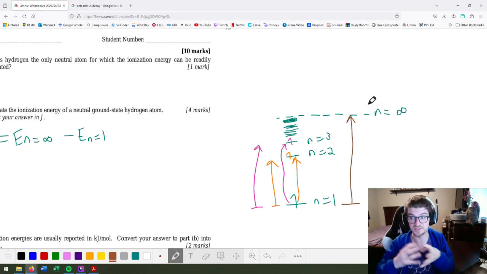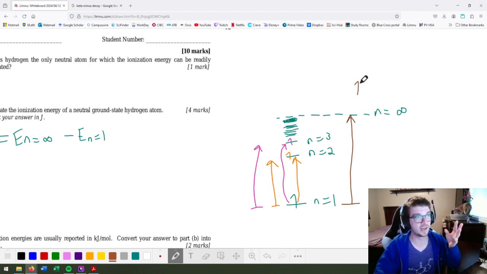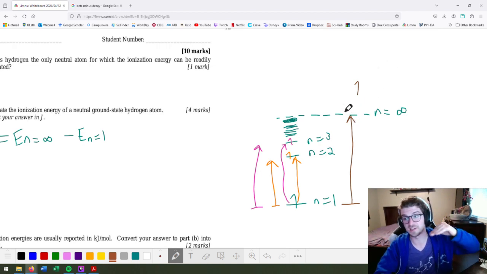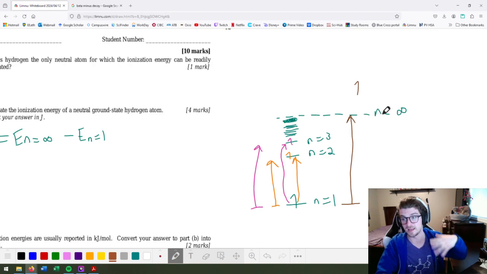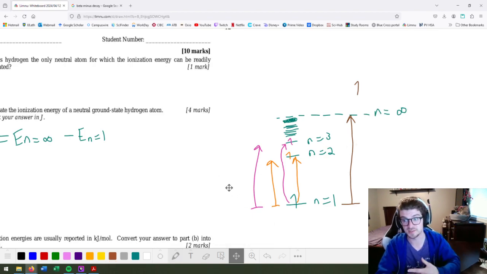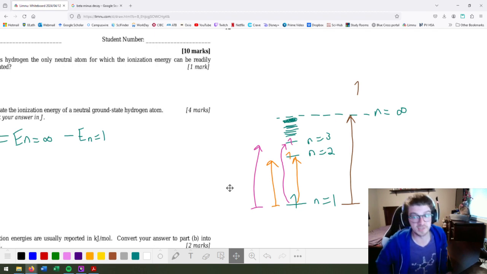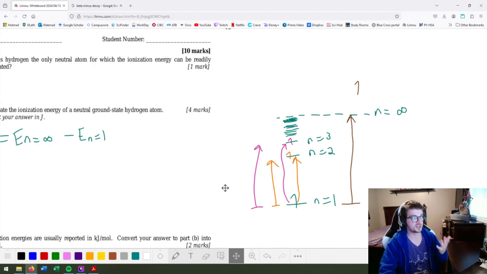It does not stay with its nucleus. Instead, it just flies off. And this is when it has reached this threshold of n equals infinity. So this is when it becomes ionized and leaves behind a charged nucleus because it's lost an electron, which carries a negative charge.